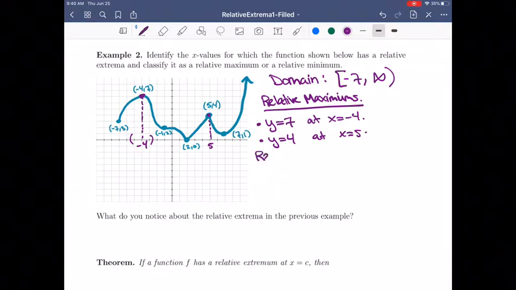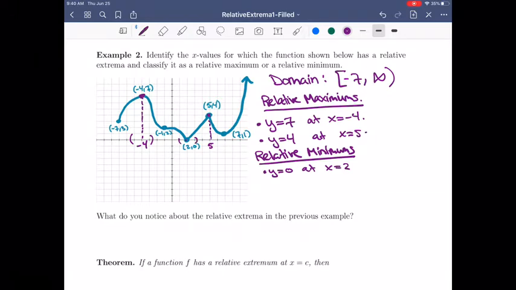Now relative minimums. At x equals 2, it looks like y equals 0 is a relative min because it's the smallest y value in its neighborhood. Similarly, y equals 1 at x equals 7 is also a relative minimum because it's the bottom of this valley.